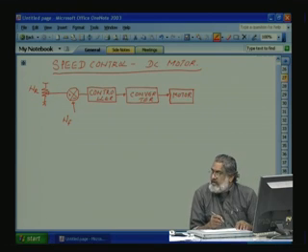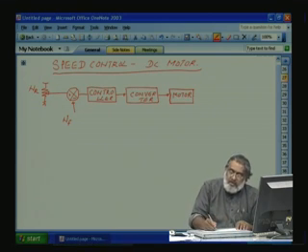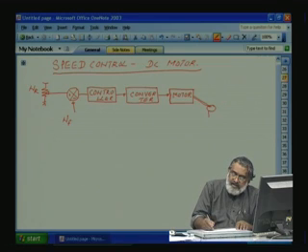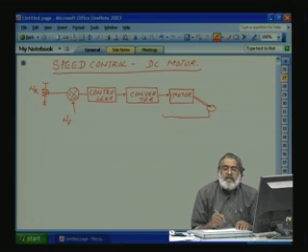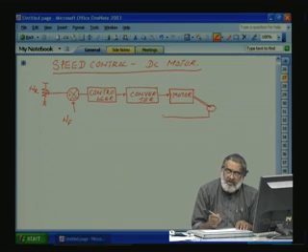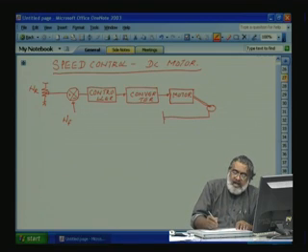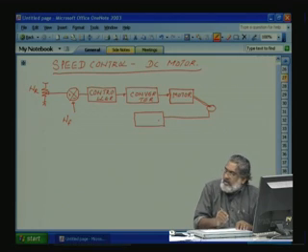This is our motor, and the motor will have a tacho. From the tacho, we will measure the speed. The tacho voltage will not be perfectly DC, and it will have ripple. So we need to filter it out, and a gain change is required. You have to bring it to the controller level.